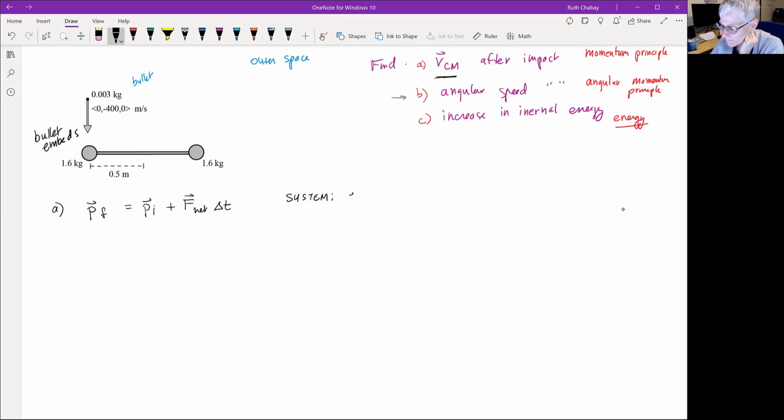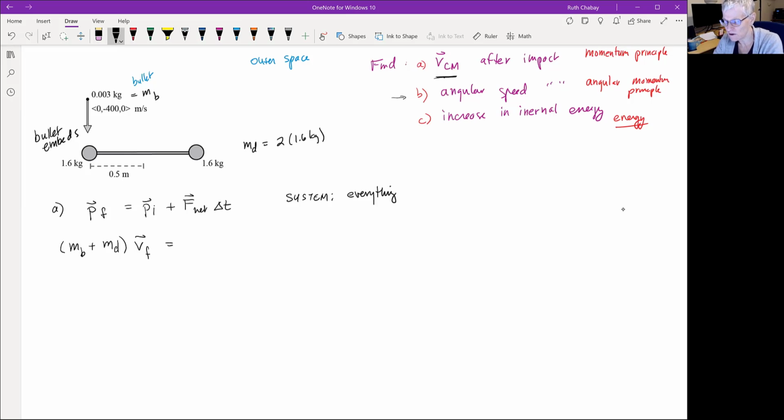We want to choose everything, because we're not going to be able to separate the bullet from the rest of the system afterwards. So the final momentum, well, the bullet's stuck into the dumbbell here, so we want the mass of the bullet plus the mass of the dumbbell. So I'm going to say mass of the dumbbell is 2 times 1.6 kilograms, and that's mass of the bullet, times the final velocity is equal to the initial momentum.